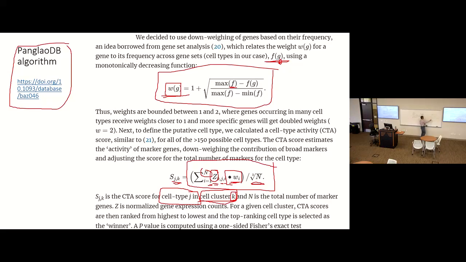Cluster 2 may have this cell type highest. Cluster 3, maybe this cell type is the highest. At the end, you can give the top highest Z values to different clusters.